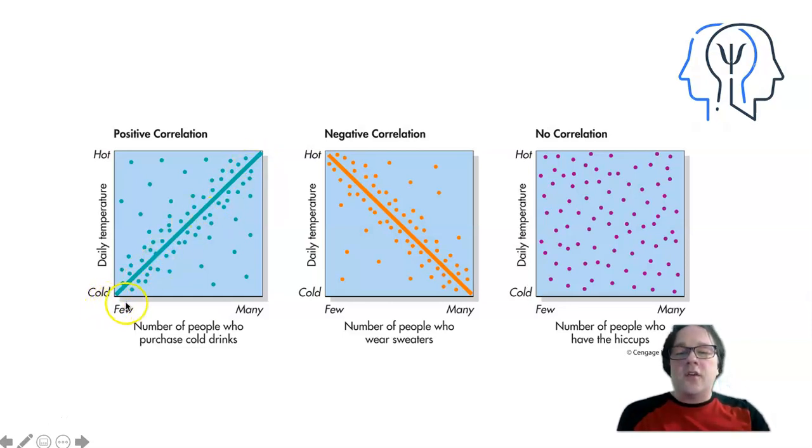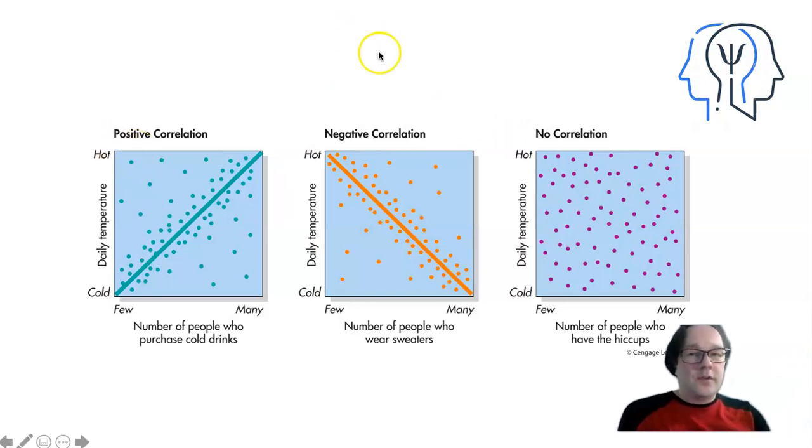So as I go from few to many on the x-axis, I'm going to go from cold to hot on the y-axis. And a straight line like that with no data surrounding it means it's a perfect positive 1 correlation, right? It means there's a perfect correlation between those two variables.